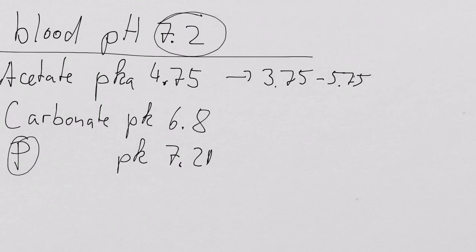Another thing is, you earlier mentioned the carbon dioxide. If you exercise a lot, you accumulate carbon dioxide. That makes your blood pH go down. If you are hyperventilating, let's say in an exam, you remove the carbon dioxide.